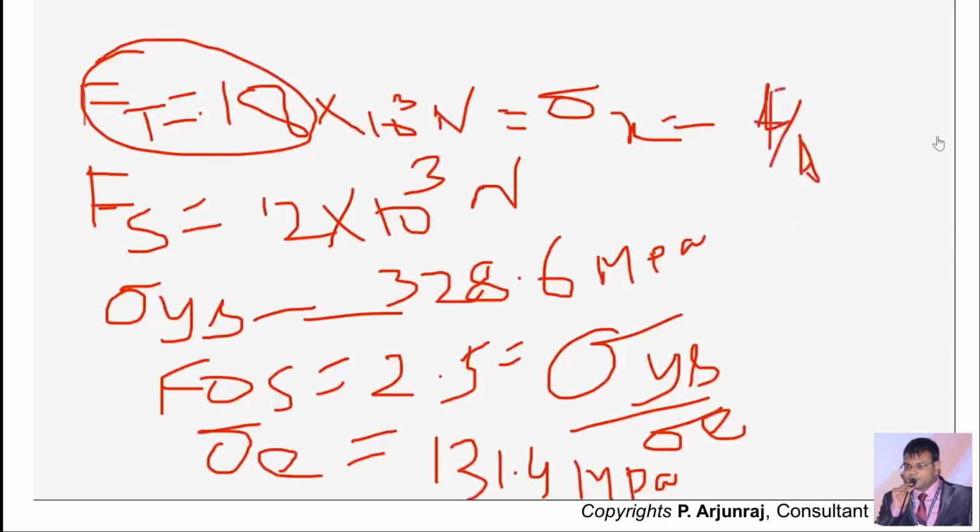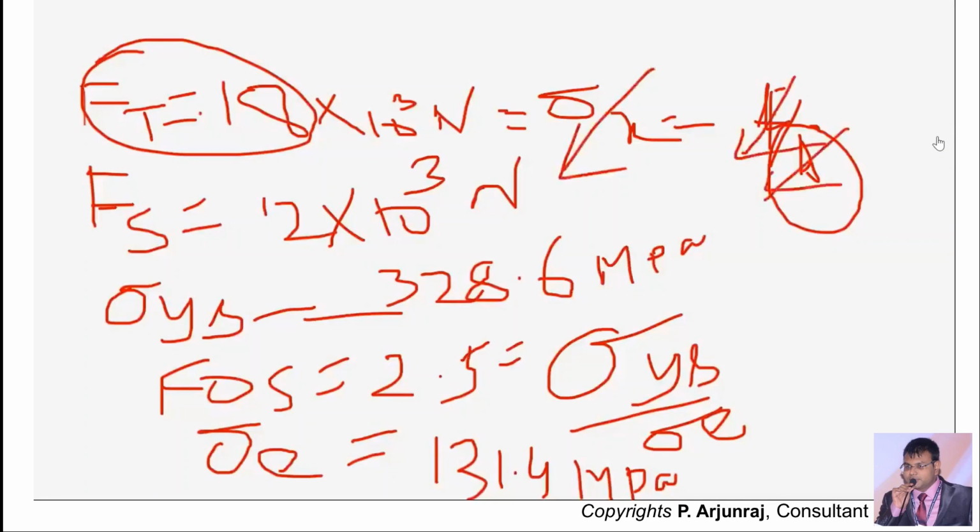So force is given as 18 into 10 power 3 Newton, and the area is nothing but pi by 4 d square. Here they're asking us to calculate the diameter. So you know the sigma x value, you know the load value, with this you can calculate pi by 4 d square, where you can calculate the d value.